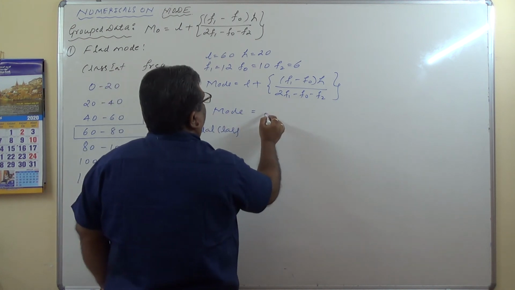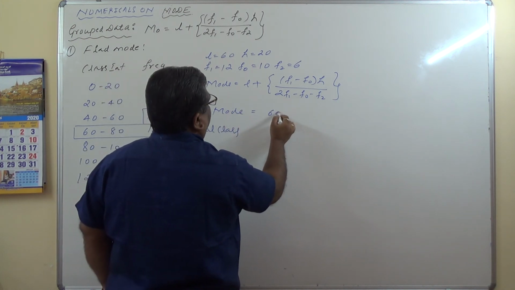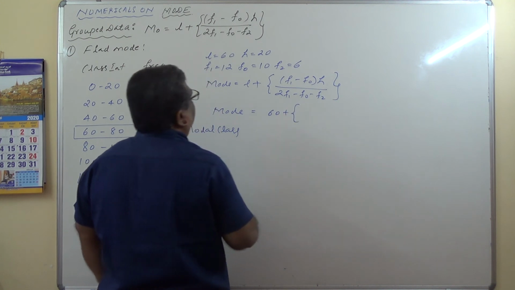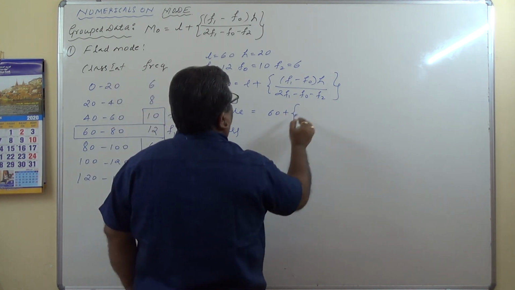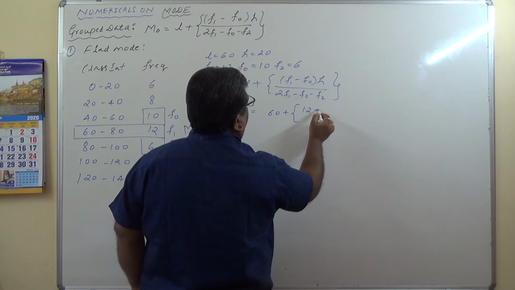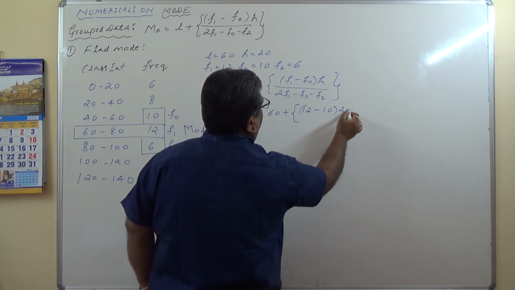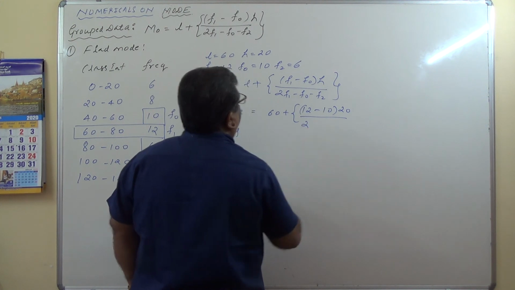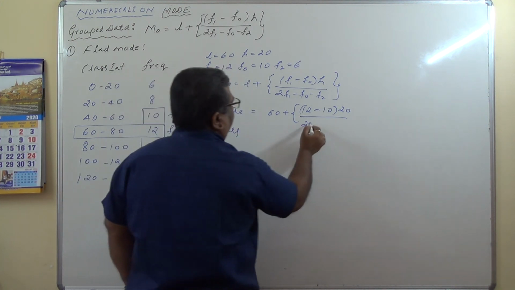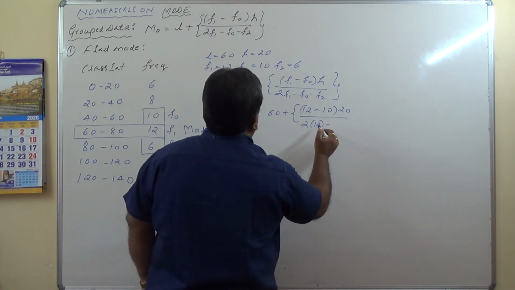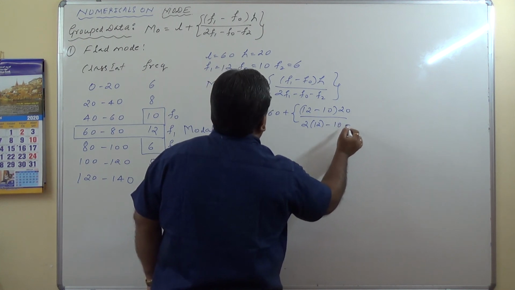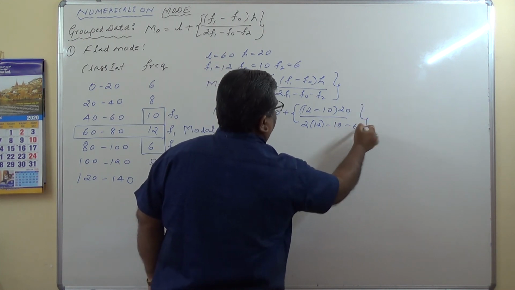Okay, L is how much? 60 plus, into bracket, F1 12 minus 10, class width is 20, divided by 2 times F1, which is 2 into 12, minus F0 which is 10, minus F2 which is 6.